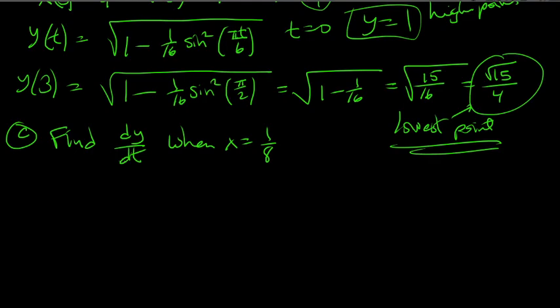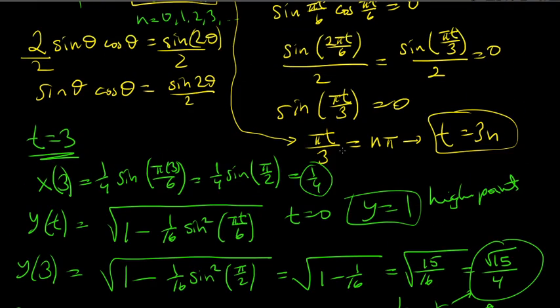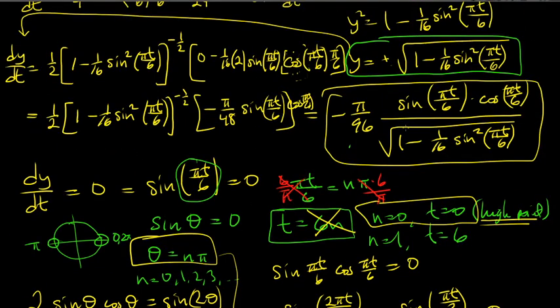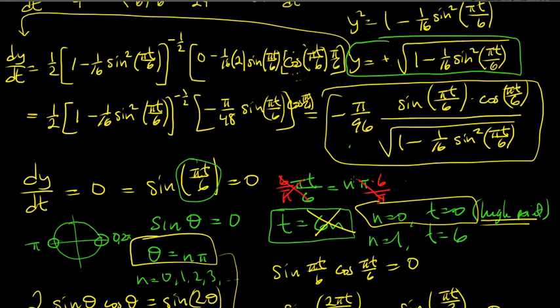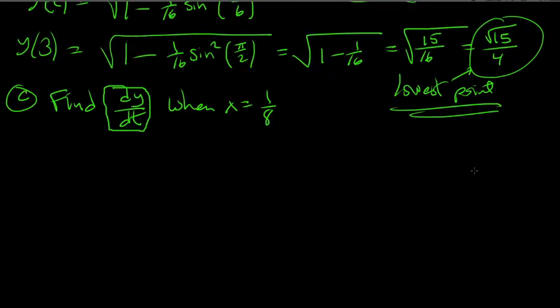Okay, so we need to go back and look at the derivative of y, which we did up here. And again, I'm not certain I'm right here. Remember, I forgot the 2 here. Oh, no. Okay, so this is fine. This is correct here. So let's see if I can remember that.